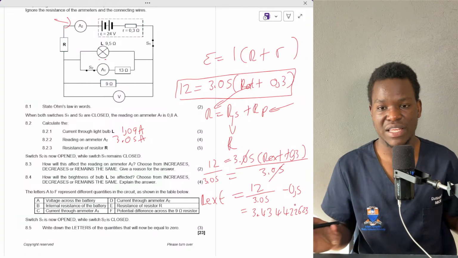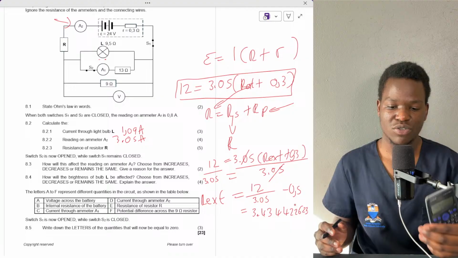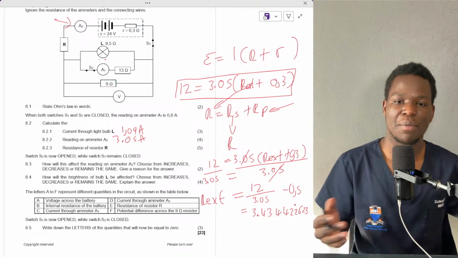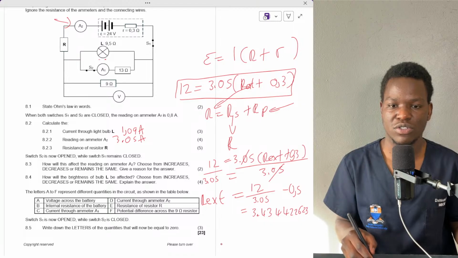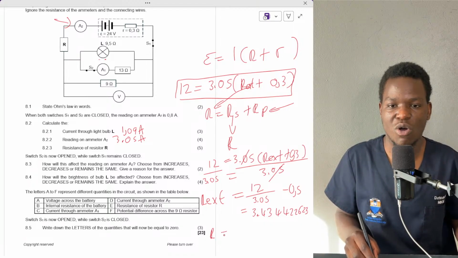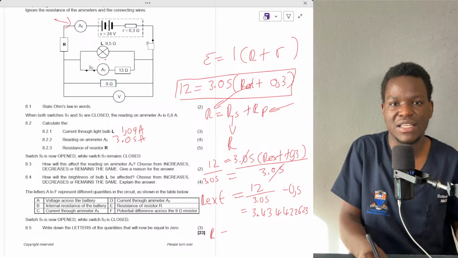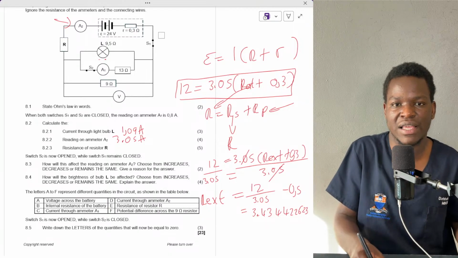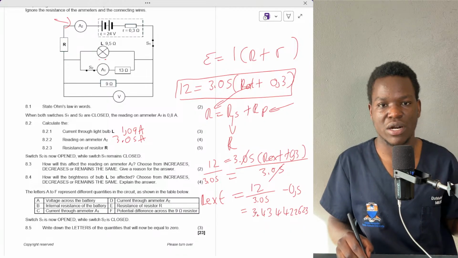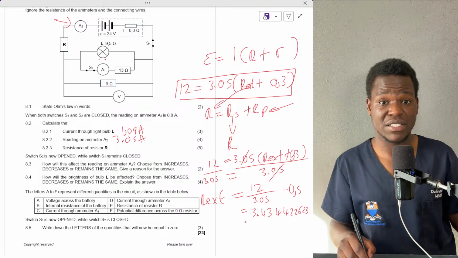I'm just writing it like this, but in the calculator I'm going to keep it like this, and then I'll just say answer, so that you don't round, because if you round sometimes you find that the answer you get is off, giving you decimal points which are wrong, sometimes even whole numbers which are wrong.